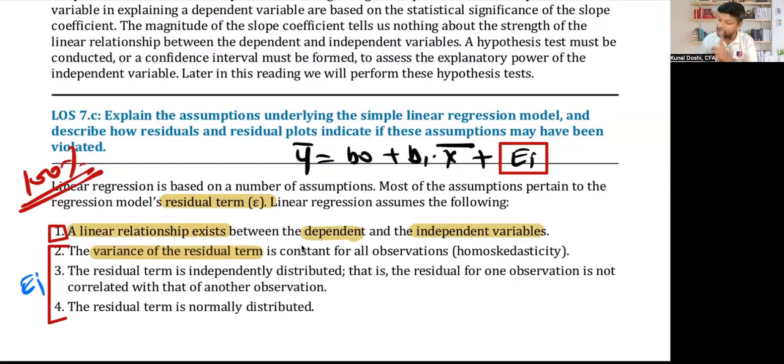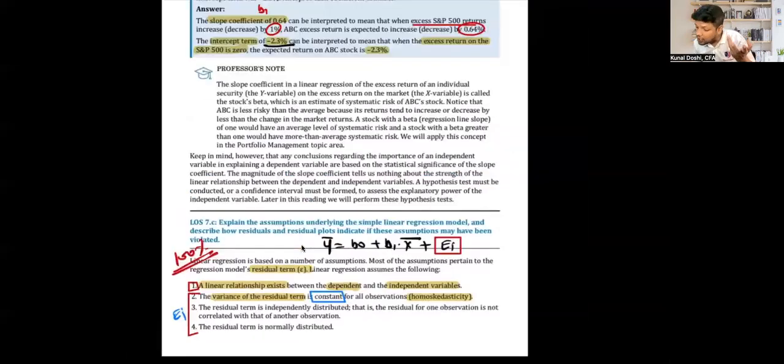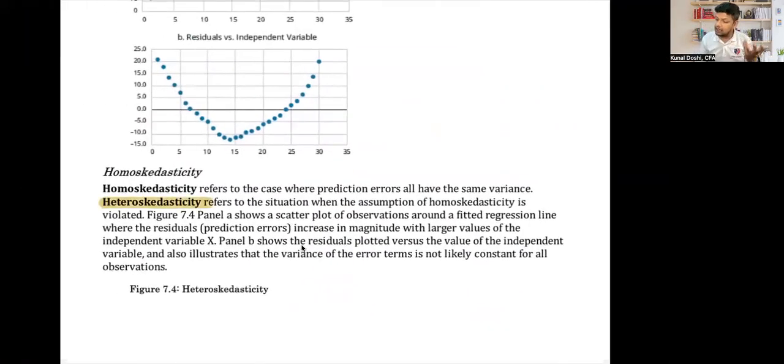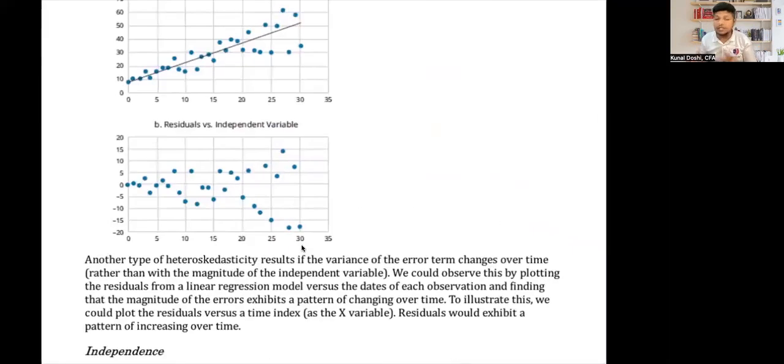The next assumption is that the variance of the residual term is constant as the observations increase. So let's say there are hundreds of observations. The variance is constant. That is called homoscedasticity. If it is not constant, we call it heteroscedasticity. Homoscedasticity means constant.